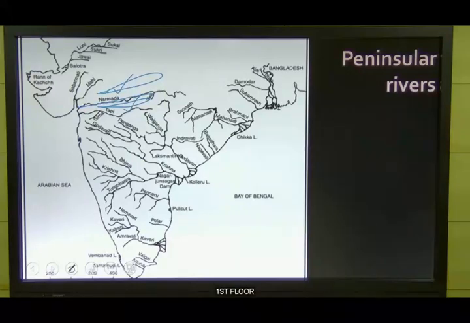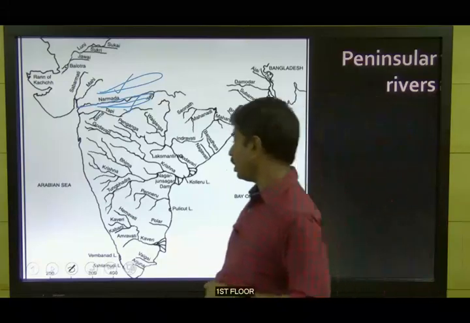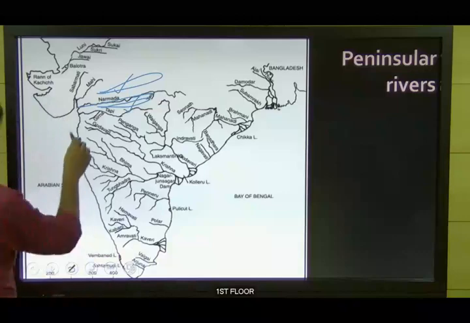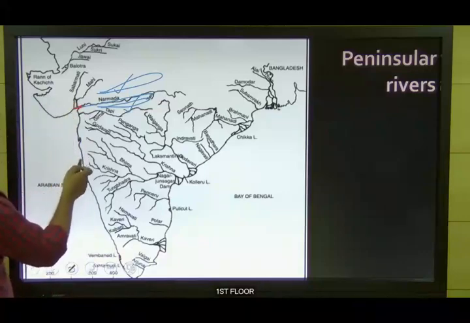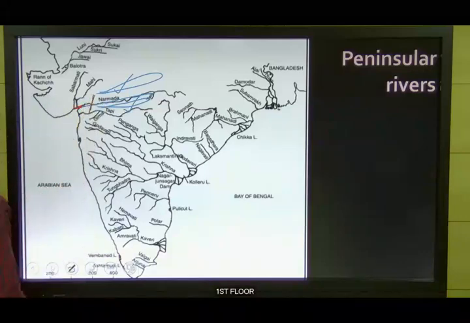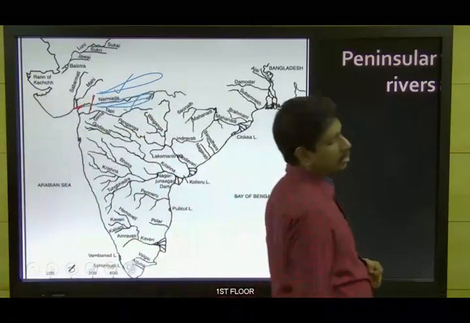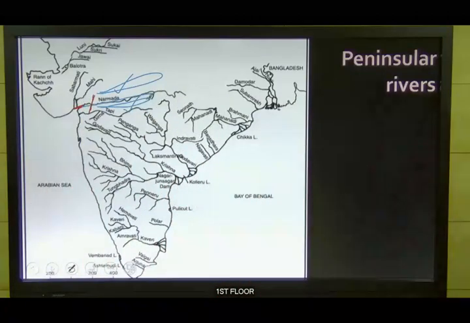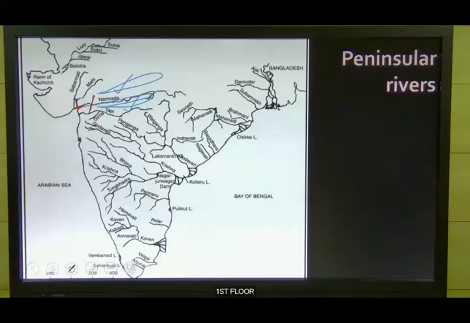Then it forms an estuary. I told you, an estuary is erosional. Instead of a delta, they form an estuary. And the Sardar Sarovar project is an important irrigation and hydel project. Sardar Sarovar project is on the Narmada river.